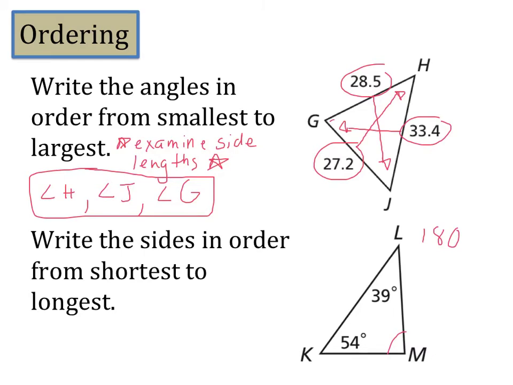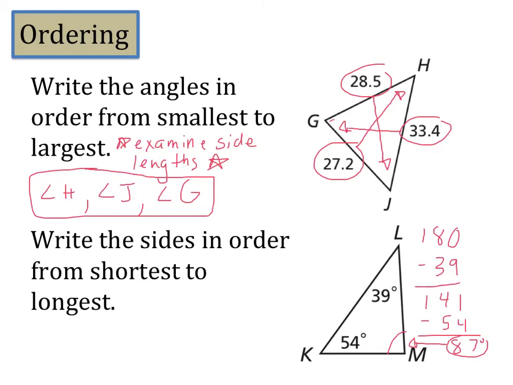So we're going to do 180 minus 39, which is 141. And then we're going to subtract 54, which is 87.